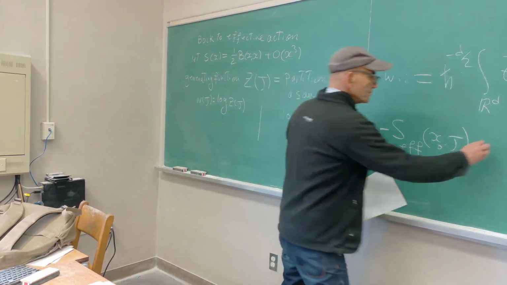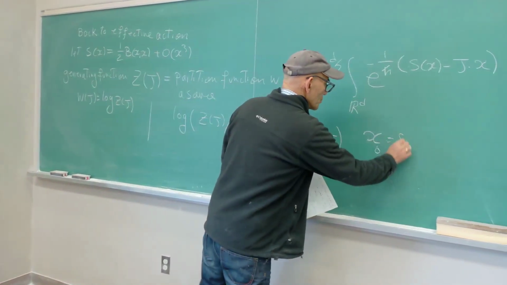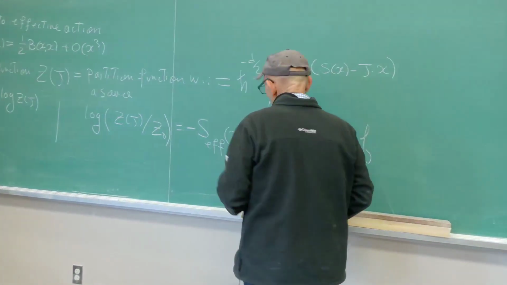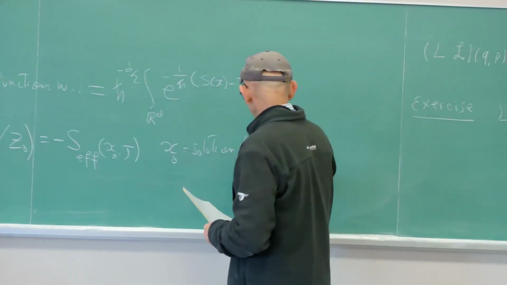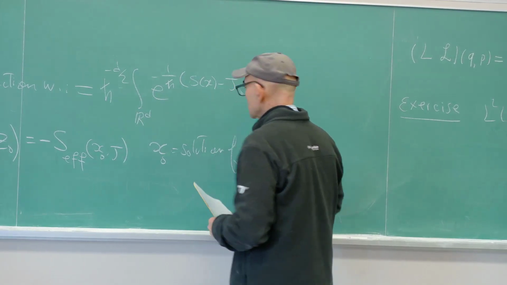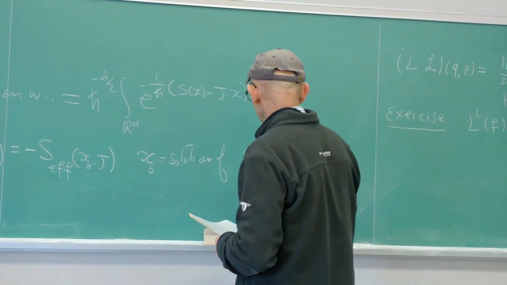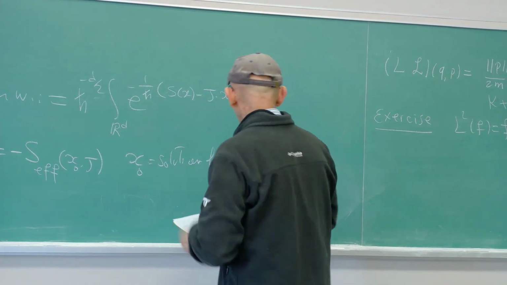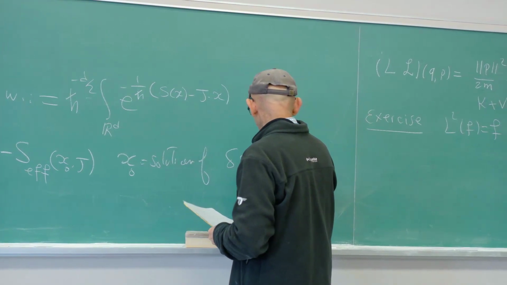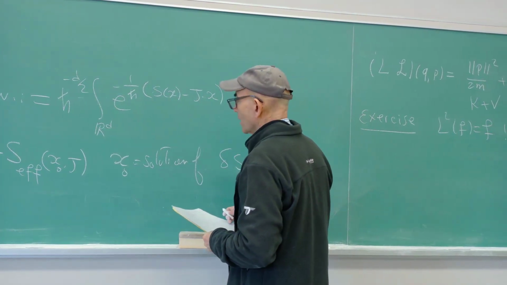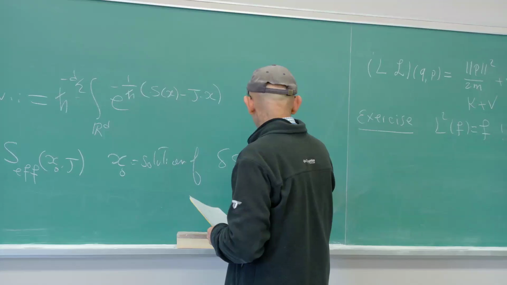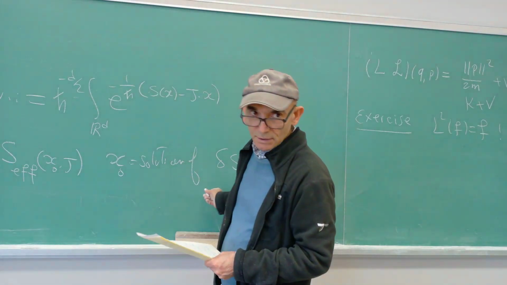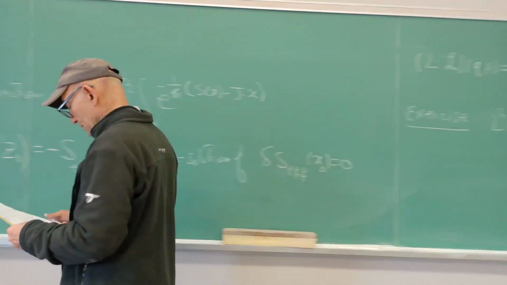Where X0 is a solution of delta S effective equal to zero. This is the equation of motion with this parameter J.